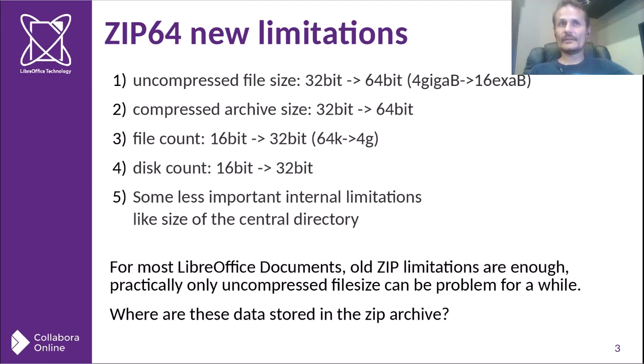It's less important for us now, because even the uncompressed file size is hard to get to 4 GB with LibreOffice, but for the compressed archive size we would have to reach an uncompressed size like 40 gigabytes. It extended the file count too.